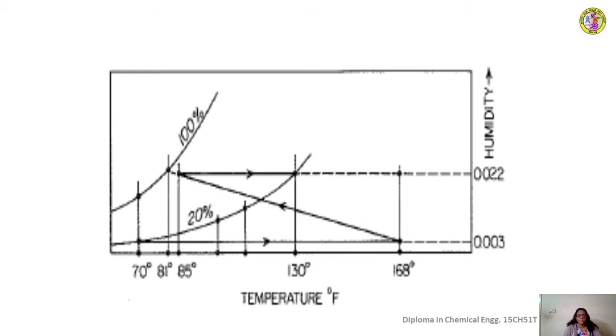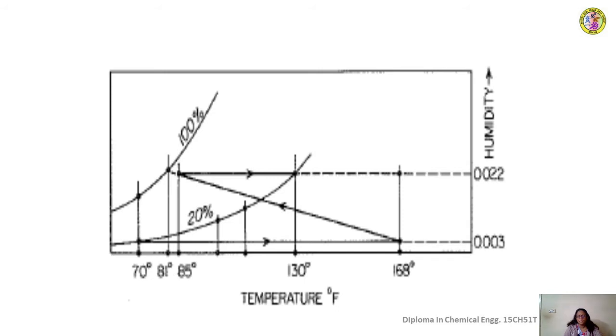From the 70 degree point, the heating is shown up to 168 degrees. 168 degrees Fahrenheit here actually is the temperature to which you are supposed to preheat the given mixture.